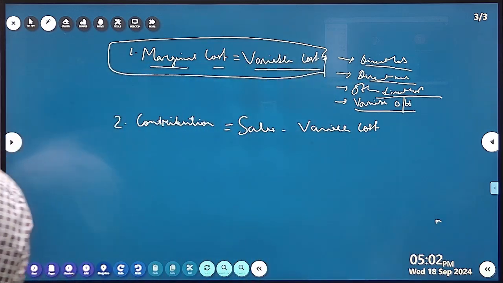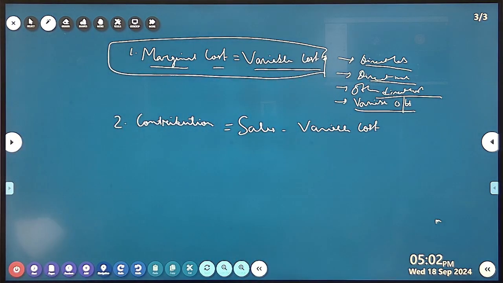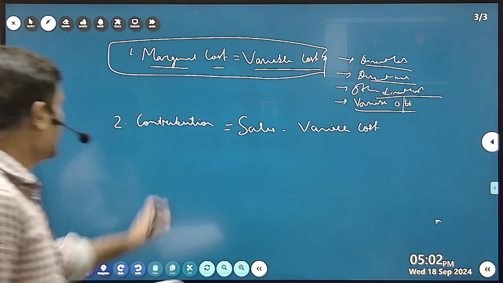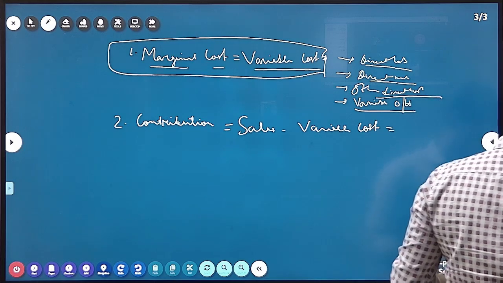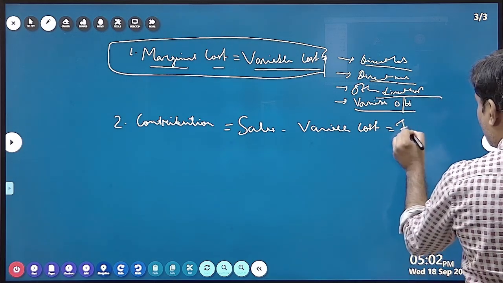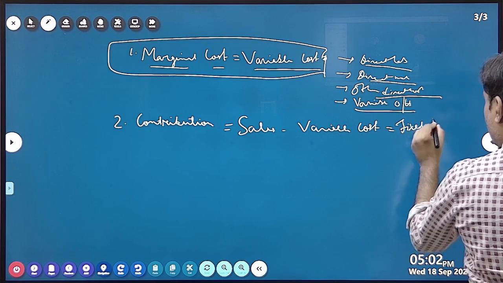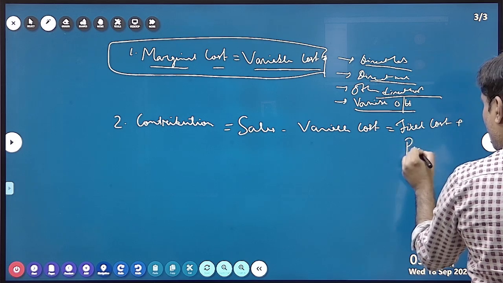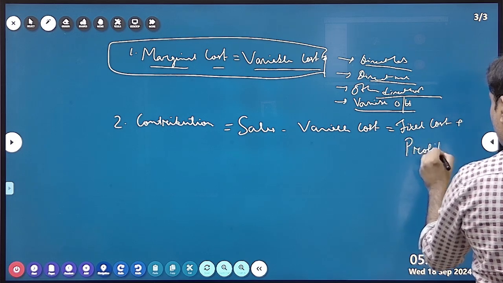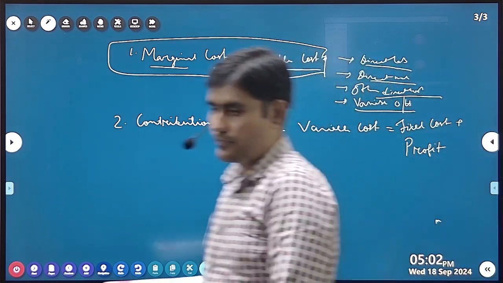Sales minus variable cost is your contribution. Then it is not complete. It is also equal to fixed cost plus profit. It's okay.